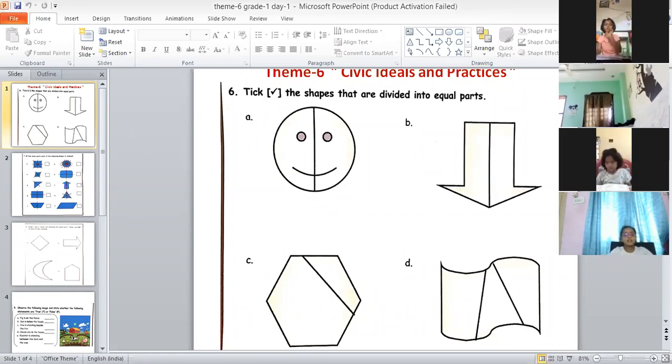Okay, children, fine. Now I have this paper in my hand, and I have folded this paper one time. I hope you all will be able to see it. What happened when I folded this paper?